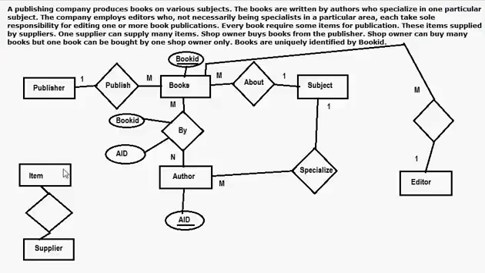One supplier can supply many items, and it is easy to assume that one item can be supplied by many suppliers. So it will be an M to N relationship. Now this will be supplier ID, and this will be item ID.